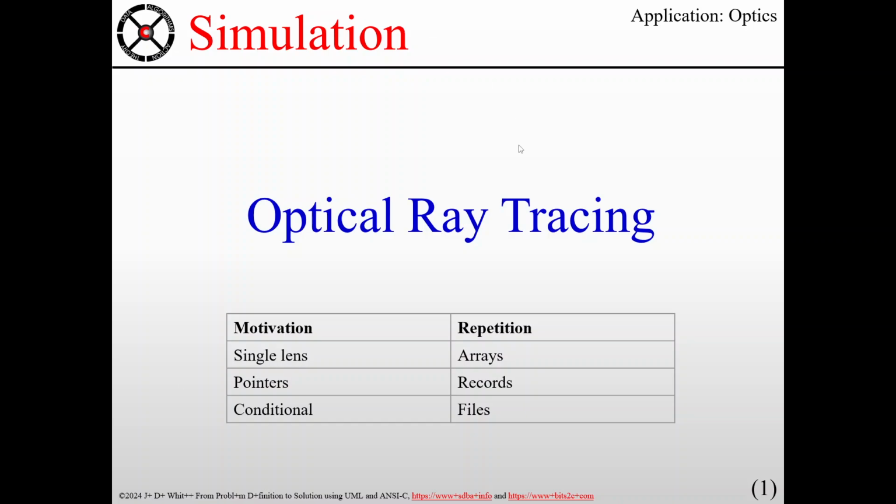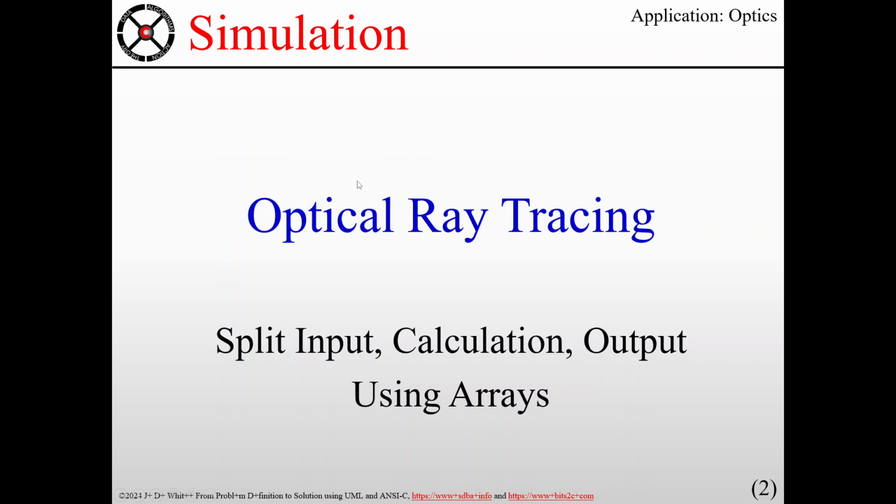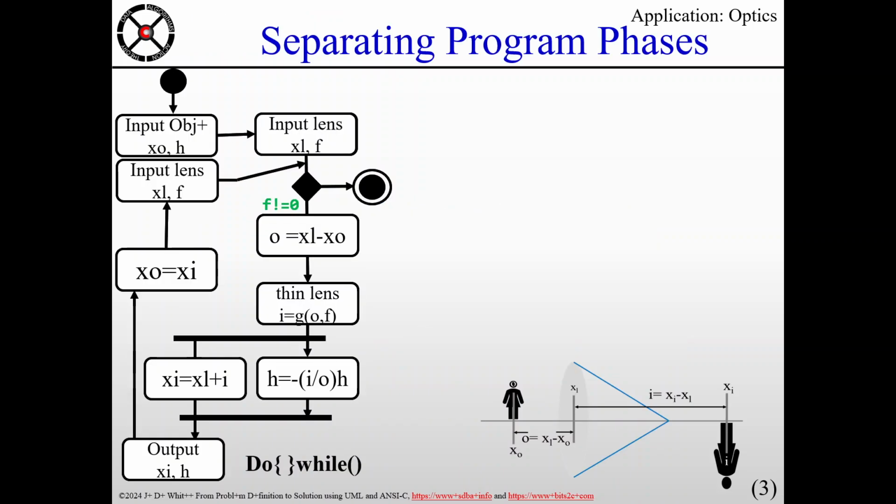Okay, let's continue. Again, the optical ray tracing program is designed for our system of lenses. We're going to do the same thing as we did with the gravity one: split input, calculation, output. Right now, this is our current lens program.